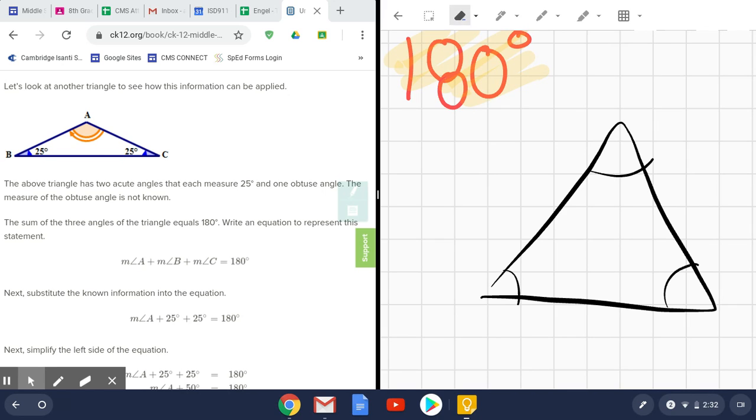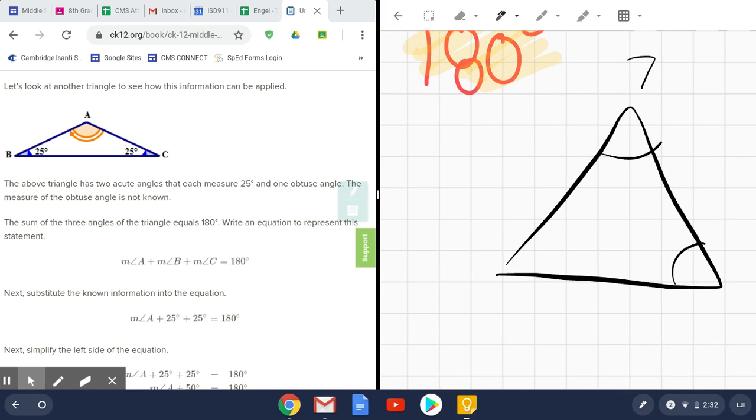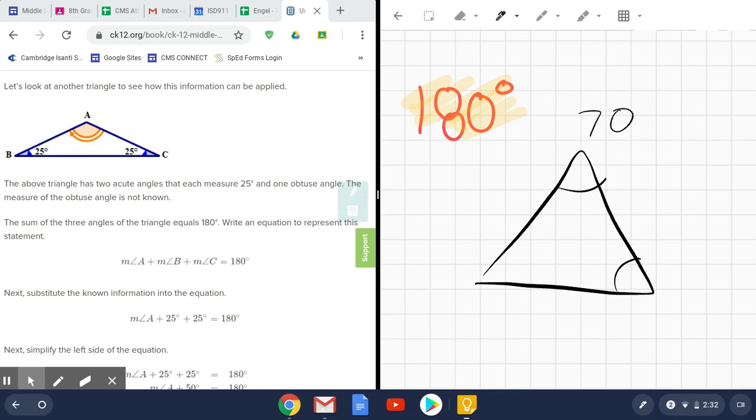Let's erase. So we have triangle A equals 70 degrees, or angle A equals 70 degrees. Let's see. B, C, C equals 70 degrees as well.